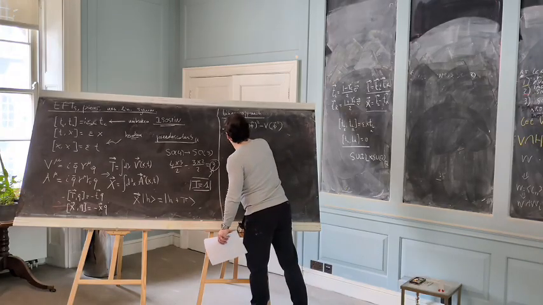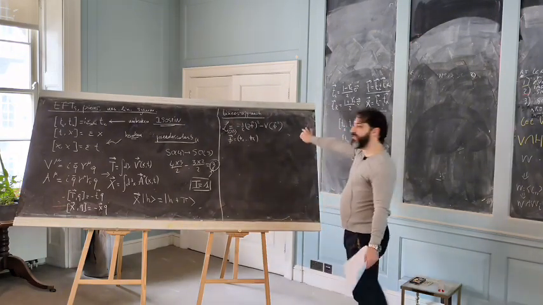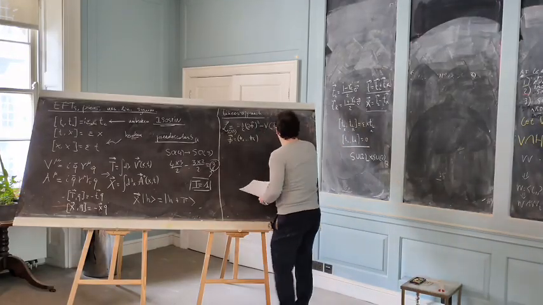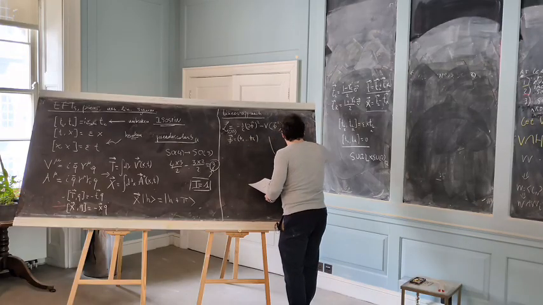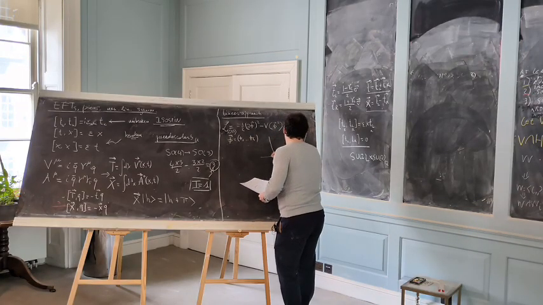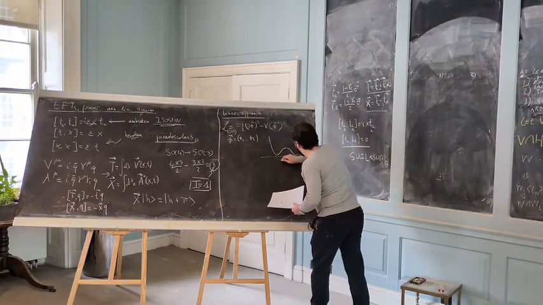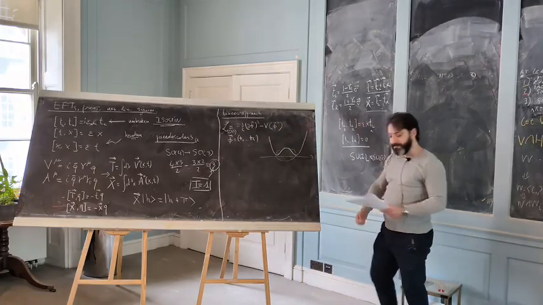And this phi has 4 components, phi 1 to phi 4. This is manifestly SO4 invariant. Now we have in mind this picture in which the bare potential has a degenerate set of vacua. So we have some symmetry here that allows us to go around this Mexican hat.